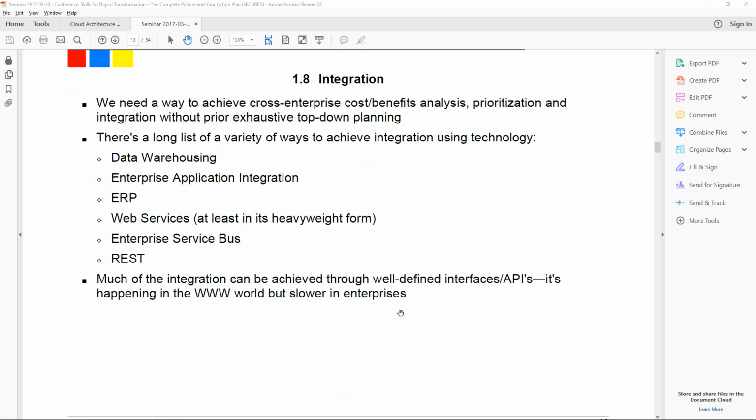So the architectural difficulty here is, how do I do the analysis? How do I do some form of prioritization? How do I do a focusing exercise without effectively exhaustive planning? A bunch of tools can support a lot of this.